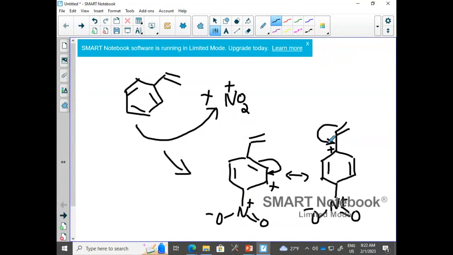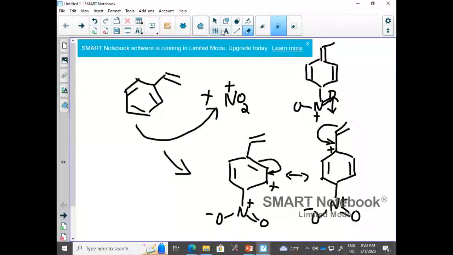You can let this pi bond go to there, and so obviously this will enable more extensive delocalization of the pi electrons.